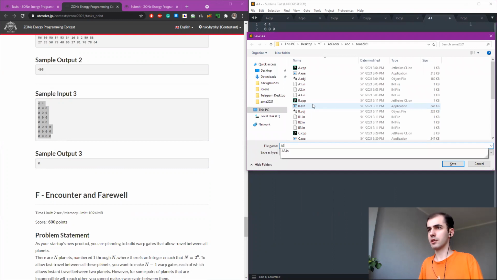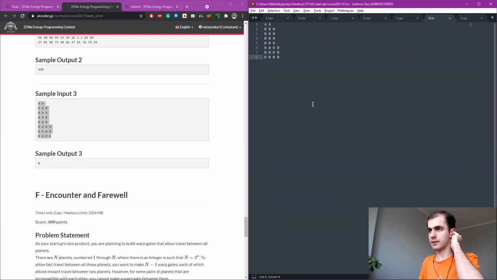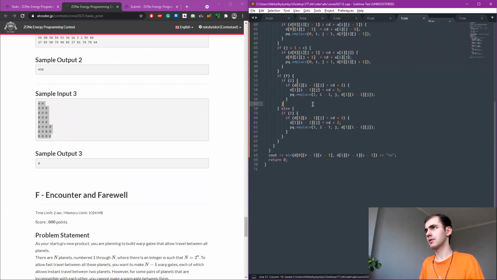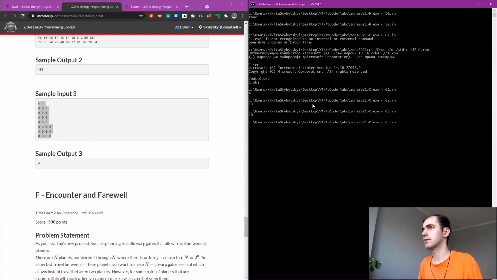I believe this works with all non-negative edge lengths, including 0, because why not? Yeah, I really think it works.